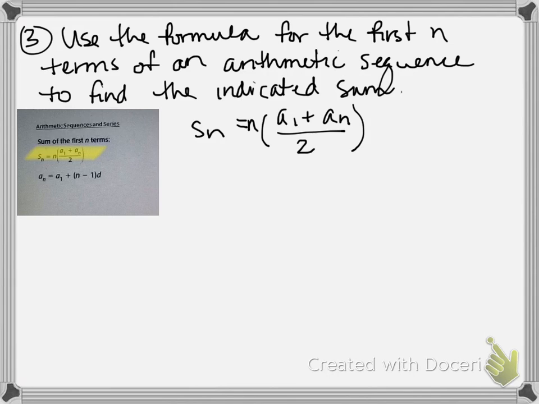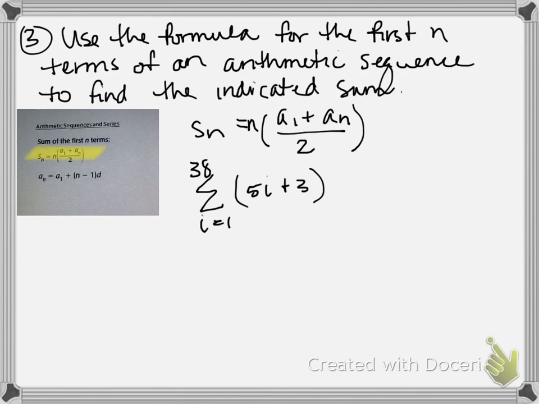So, if we're going to write a formula for the first n terms of an arithmetic sequence, we probably need an arithmetic sequence. Doesn't that sound like a good idea? So here's our arithmetic sequence. We're going to be finding the sum of the first n terms of 5i plus 3 from i equals 1 to 38.